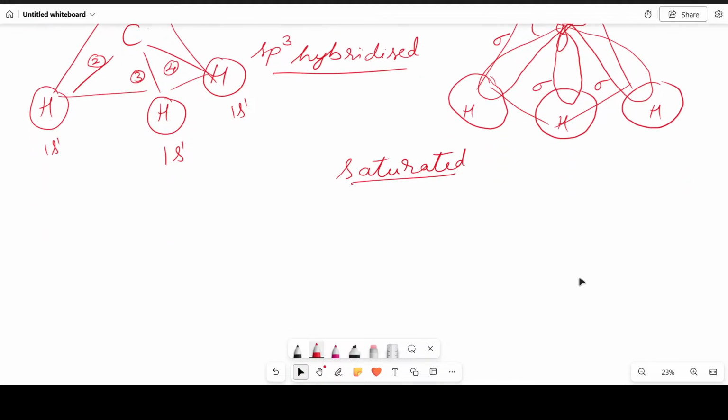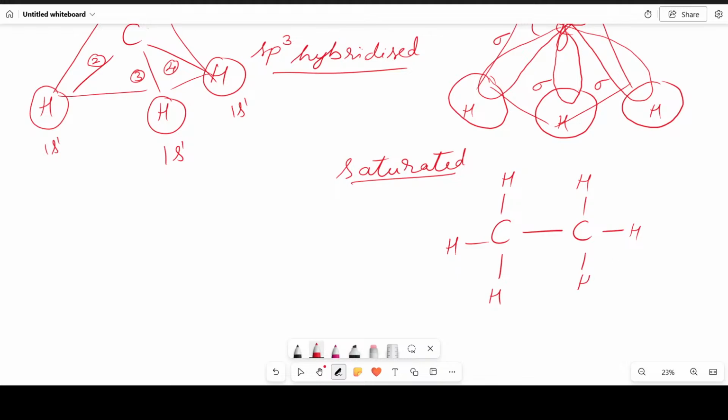I'll take one more example for you. Now C, single bond C. There are 3 hydrogen atoms on each. I told you carbon is tetravalent. That means carbon can form a maximum of 4 bonds, not more than that.